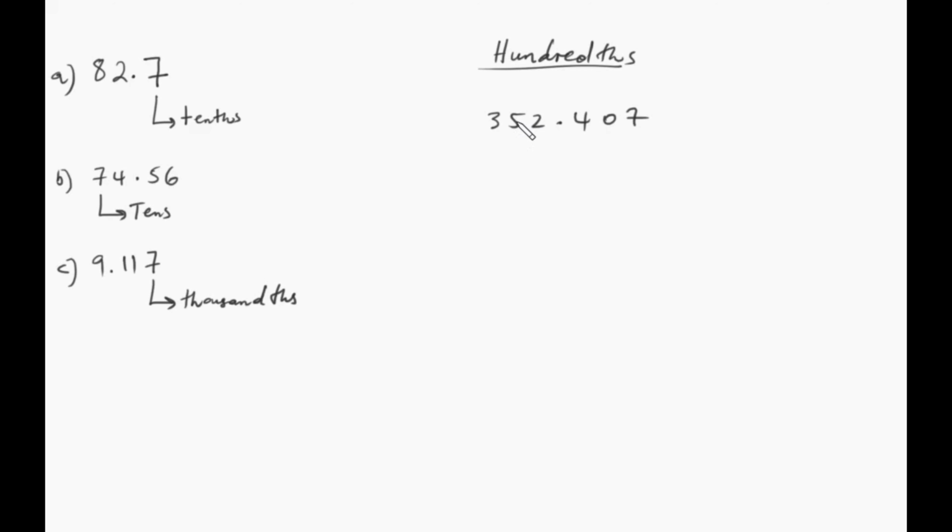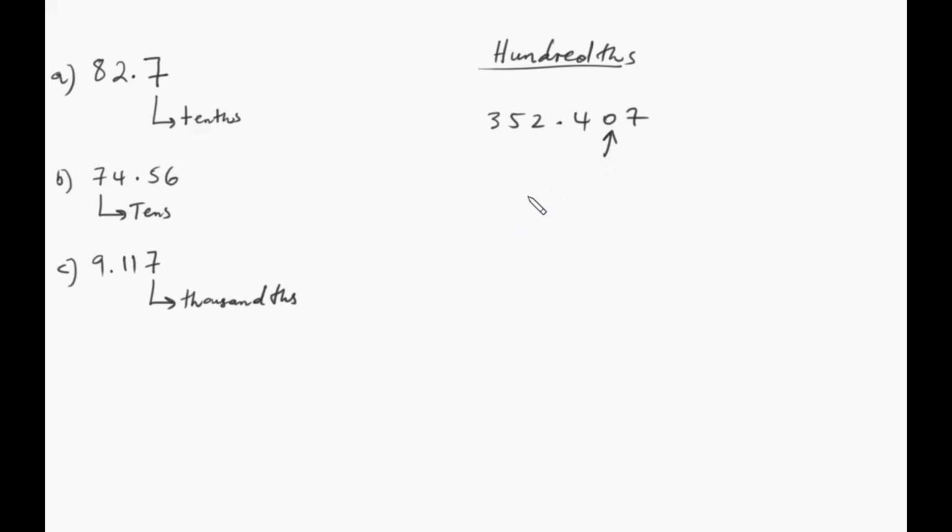This is a digit, a digit, a digit, and a digit. So which digit is at the hundredths place value? Tenths, hundredths. So this is the digit 0. Okay, yeah.